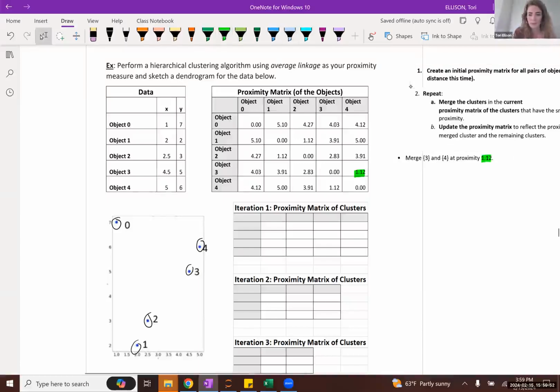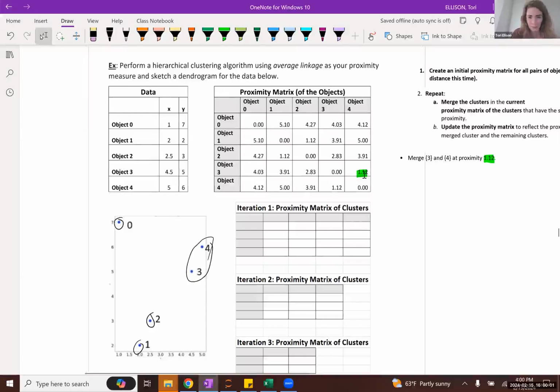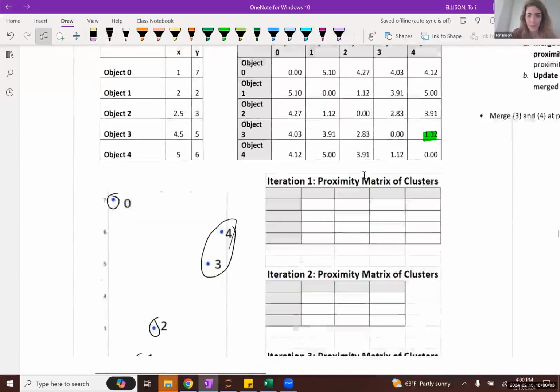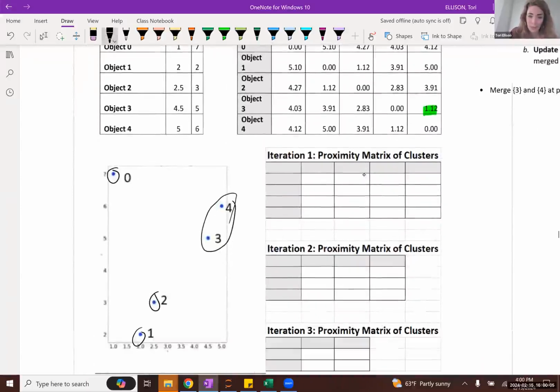Okay. And so these clusters merge together. All right, and then we update our cluster proximity matrix accordingly. Again, I'm just going to focus on the top portion of the matrix, so the bottom portion is redundant.